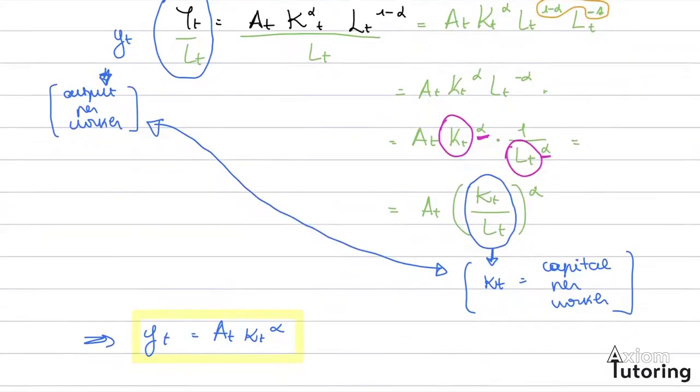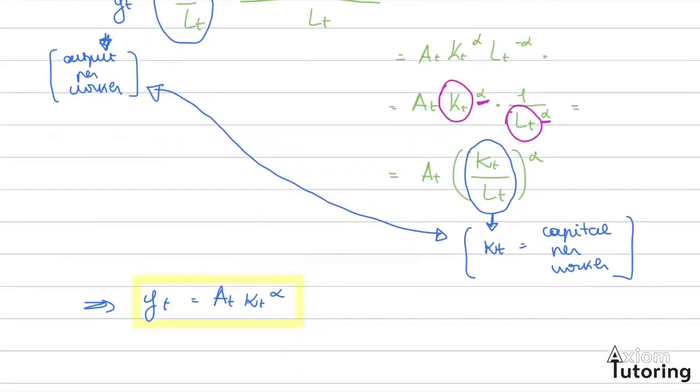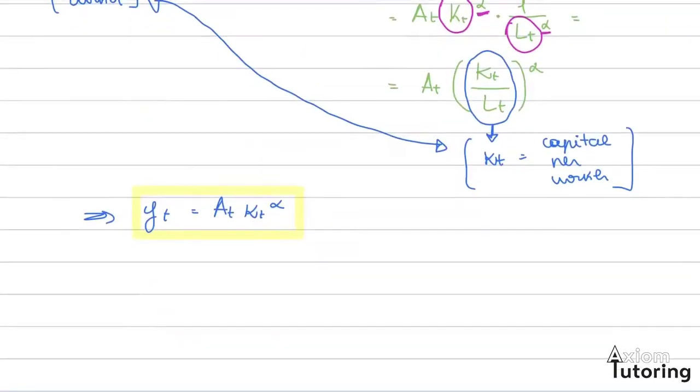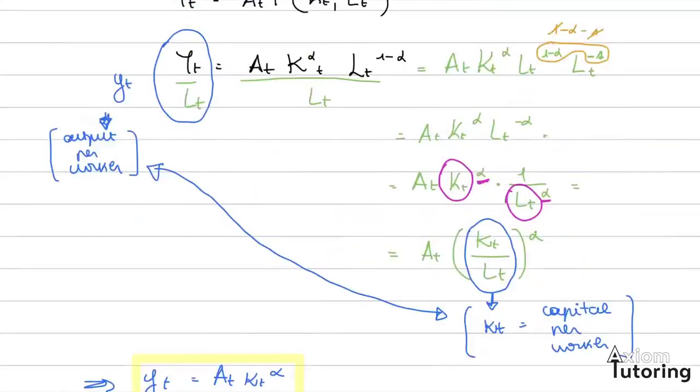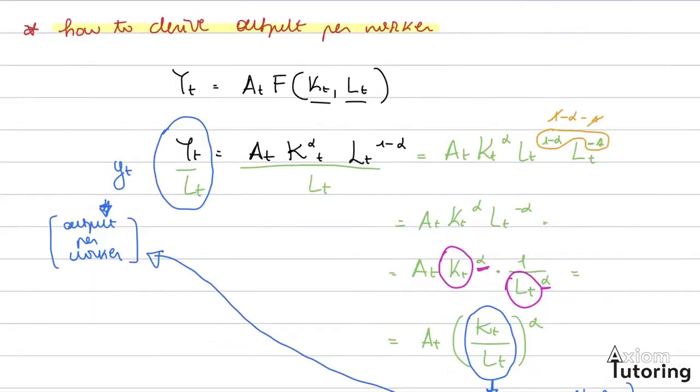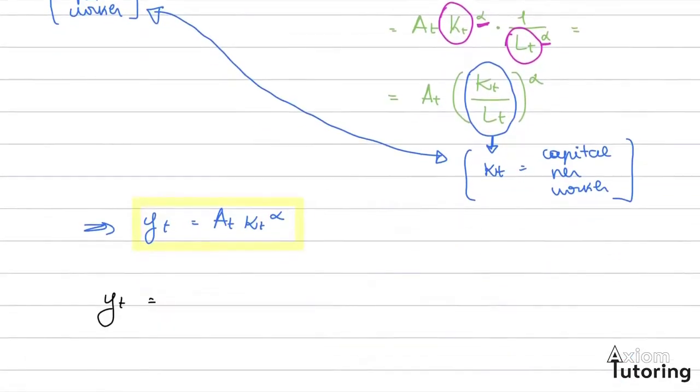So that now our production function doesn't directly show two factor inputs anymore. And for notation purposes, we usually rewrite it as a small f, a function of small kt. Recalling though that this kt is capital per worker.